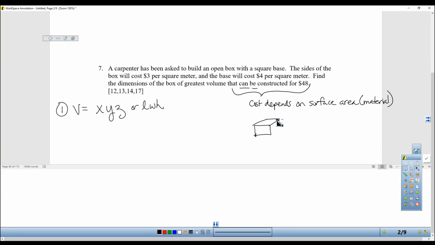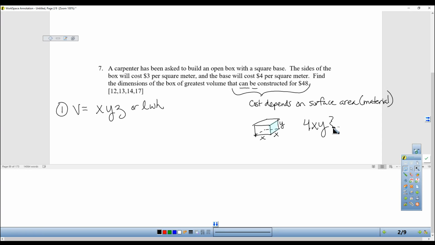So let's draw it. It said that it had a square base. We don't know how tall it is. But my surface area is going to be 4 of these XYs. These sides right here, there's 4 of them, and each of them is going to cost me $3 per square meter.